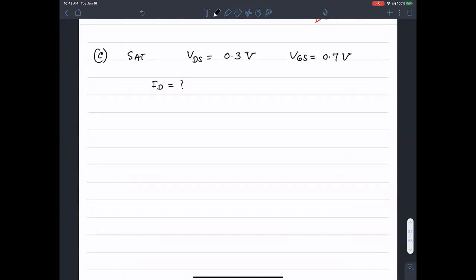Now the problem really asks, what is ID prime? What's the value of ID when VGS is 0.7 plus 0.01, or VGS becomes 0.71? And what is ID double dash?